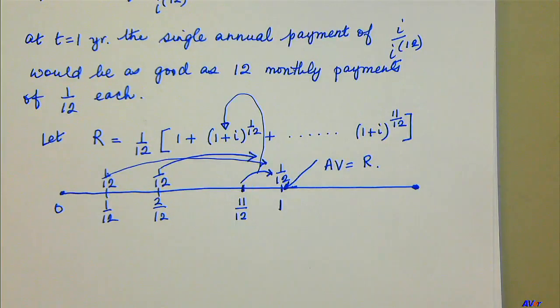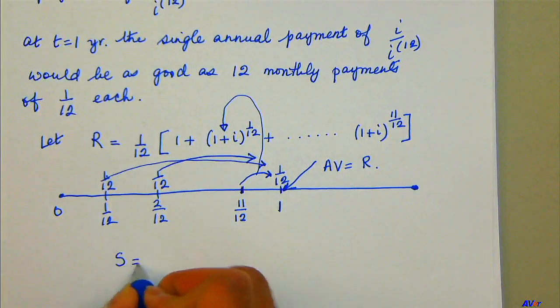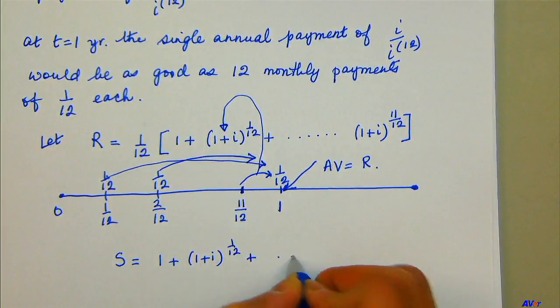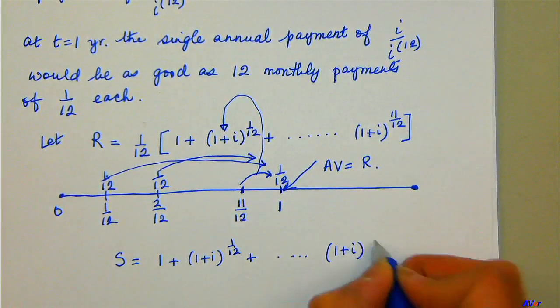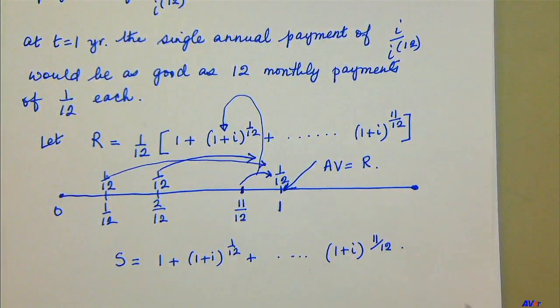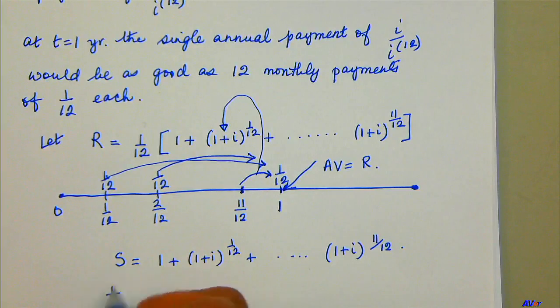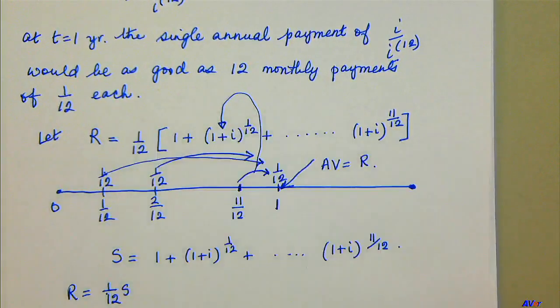Again, S equals 1 plus i to the 1/12 plus dot dot dot plus 1 plus i to the 11/12. Therefore, R is equal to 1/12 times S. So I've pulled out this 1/12.